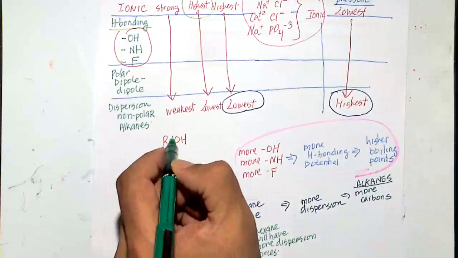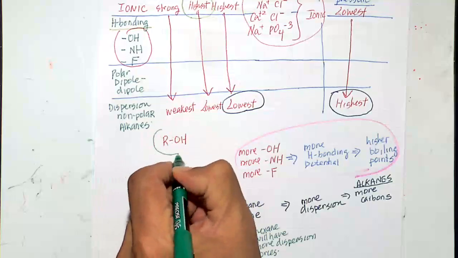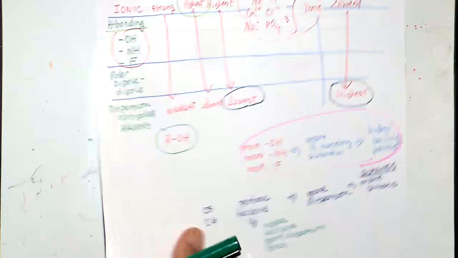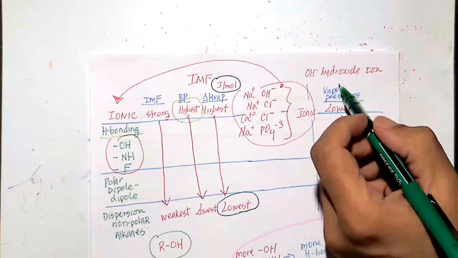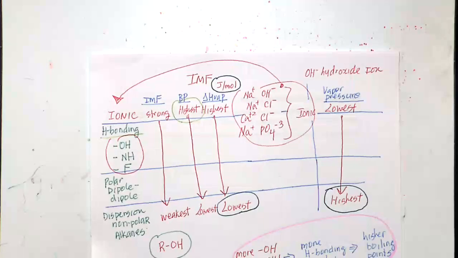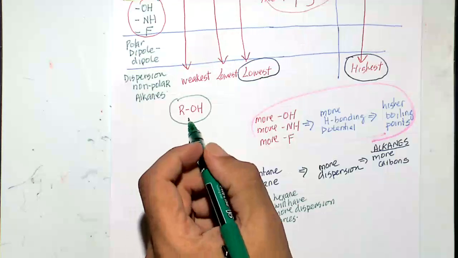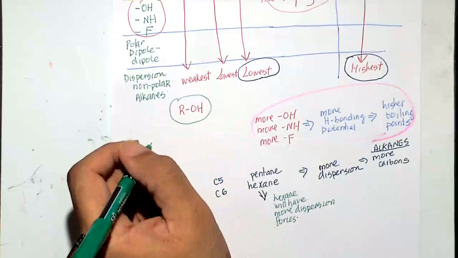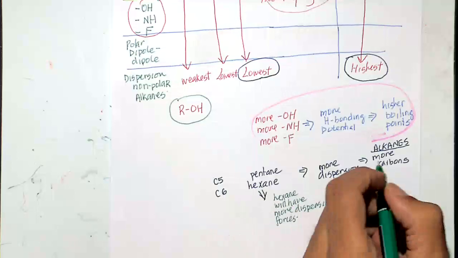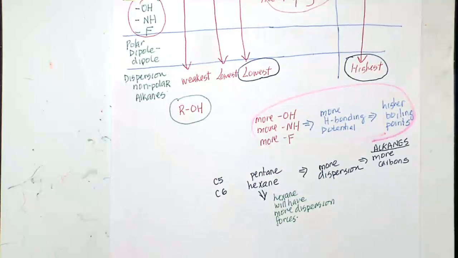Okay, and I wrote here hydroxyl group. A hydroxyl group is OH. OH minus is the hydroxide ion, like sodium hydroxide, calcium hydroxide, lithium hydroxide. But if we have an OH at the end of a hydrocarbon, it's not an alkane, so what will it be?